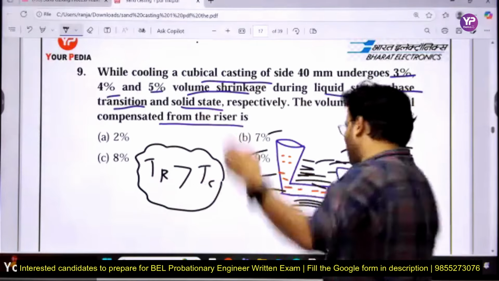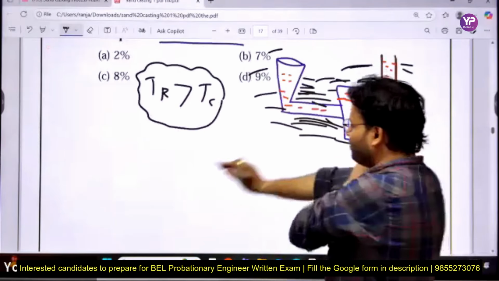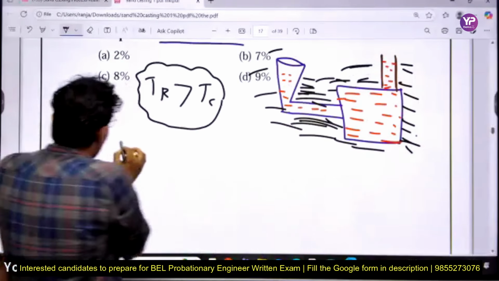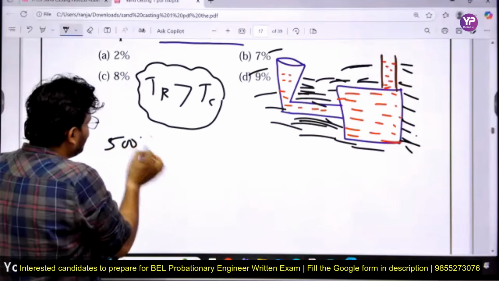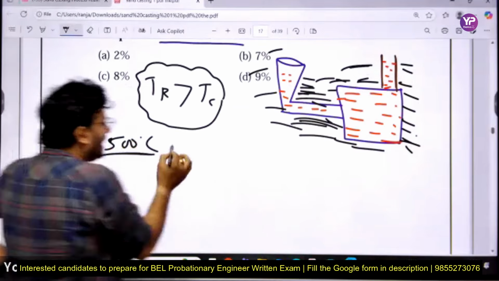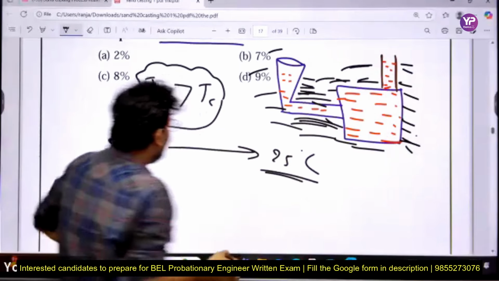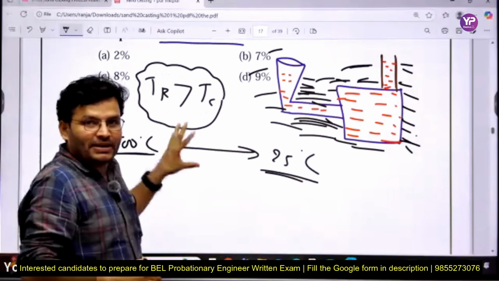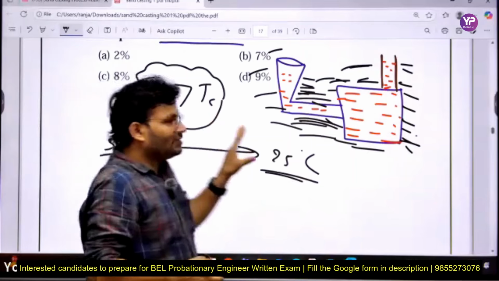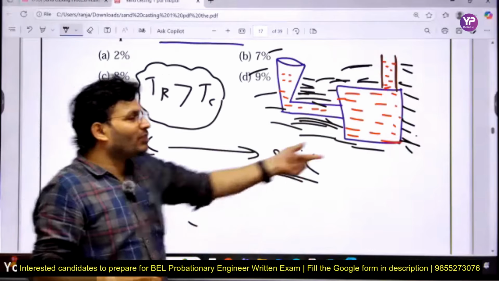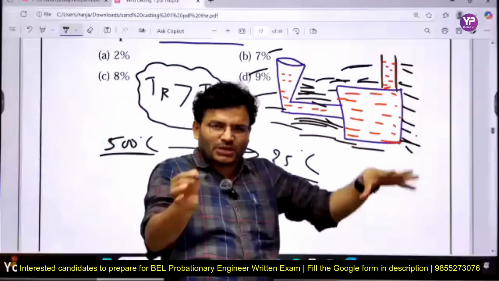Now see, suppose, my dear friends, let's assume there is a molten metal at 500 degrees Celsius, and it has to come to room temperature, 25 degrees Celsius, right? Ultimately it will cool to 25 degrees Celsius, that means the room temperature.